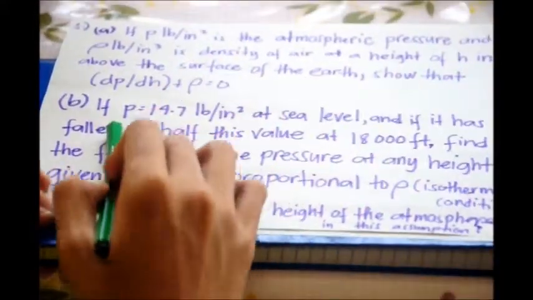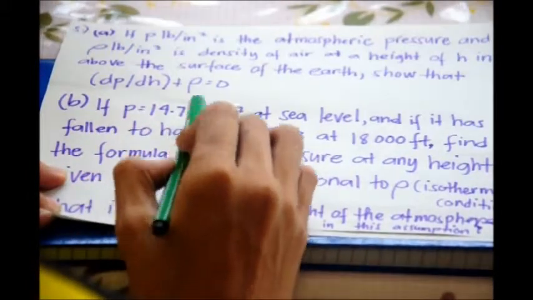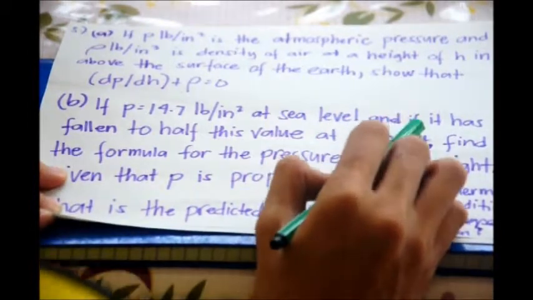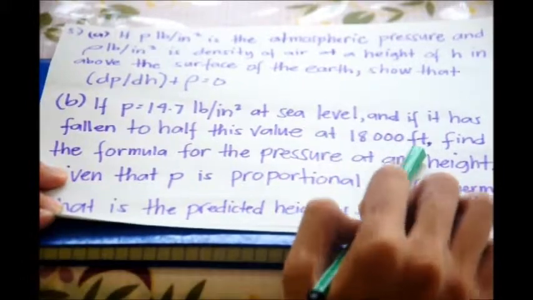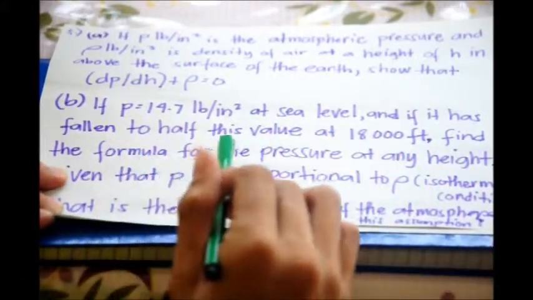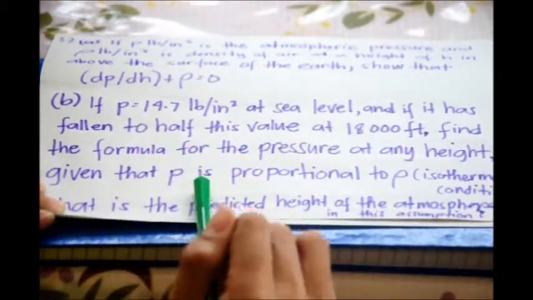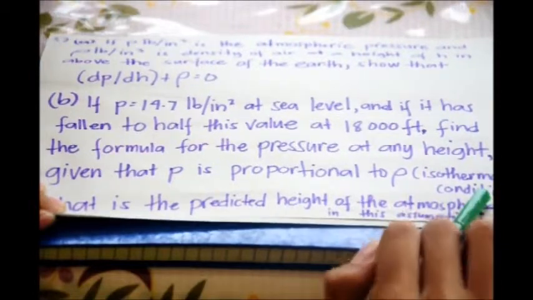For letter B, if P equals 14.7 pounds per inch squared at sea level, and if it has fallen to half this value at 18,000 feet, find the formula for the pressure at any height given that P is proportional to rho in isothermal condition.